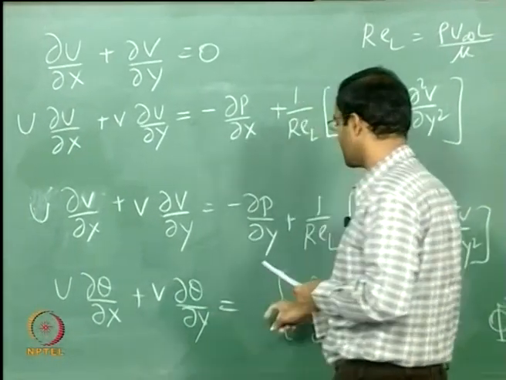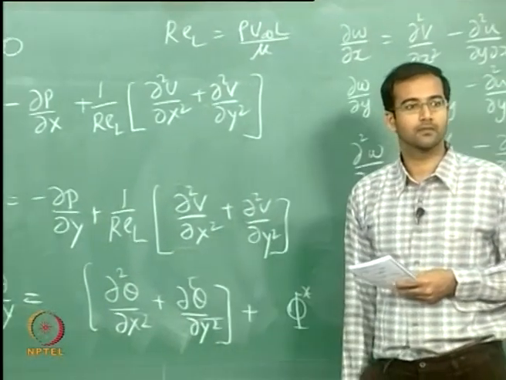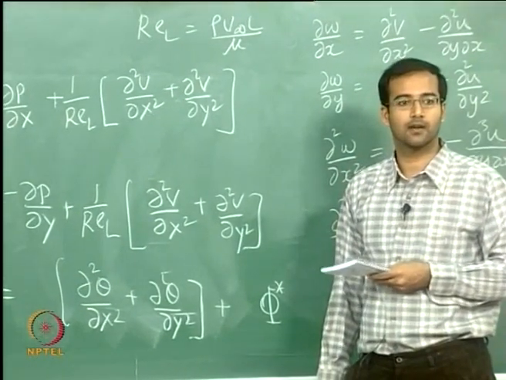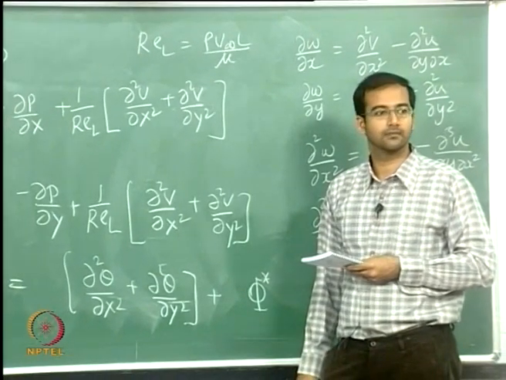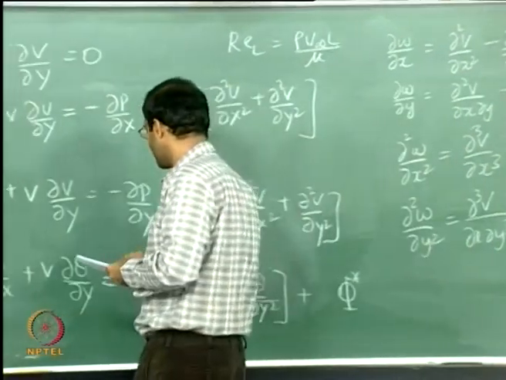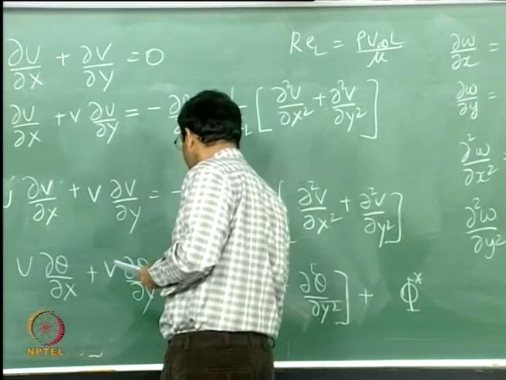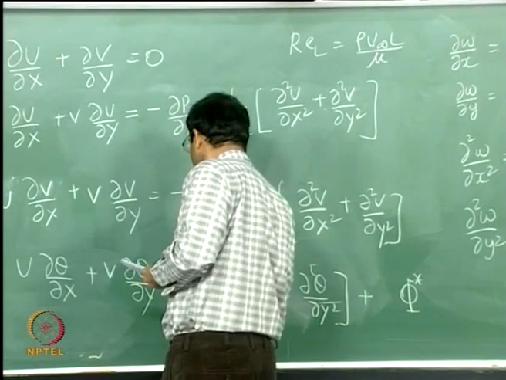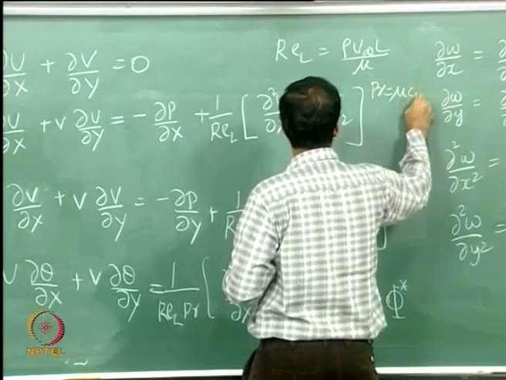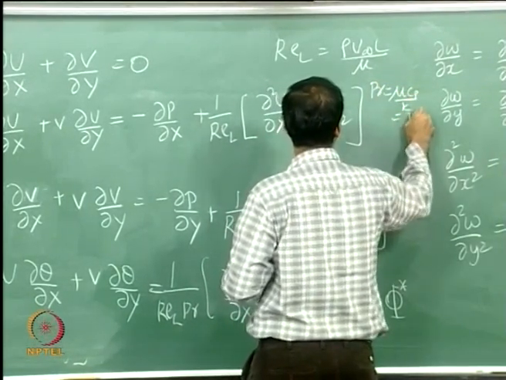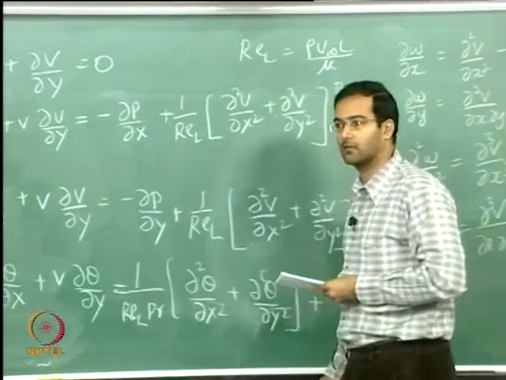Now what should be the term here? Just half a minute, we are done. I am just going to give it, you please check it, 1 by Re Prandtl number, where your Prandtl number is equal to mu Cp by K, which is also nu by alpha.